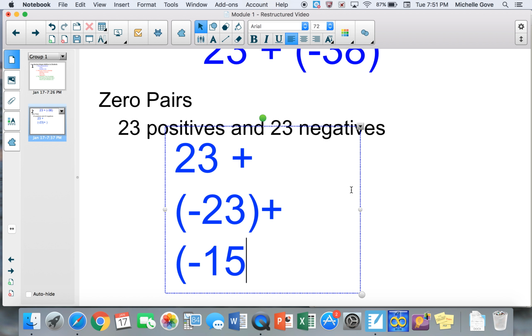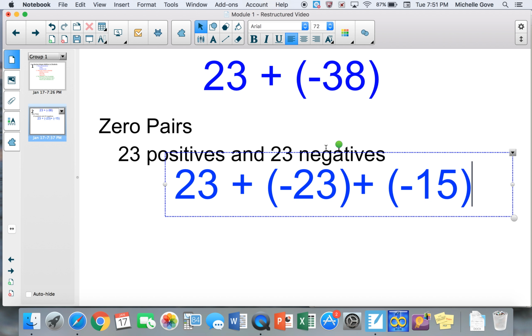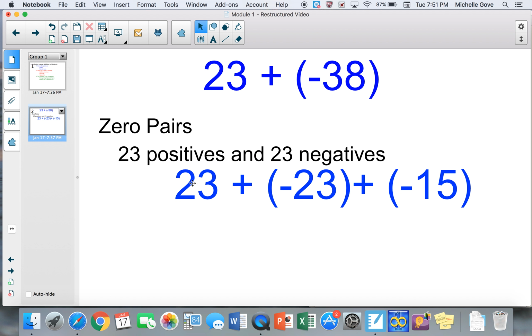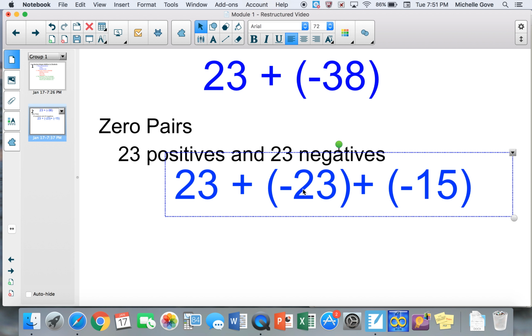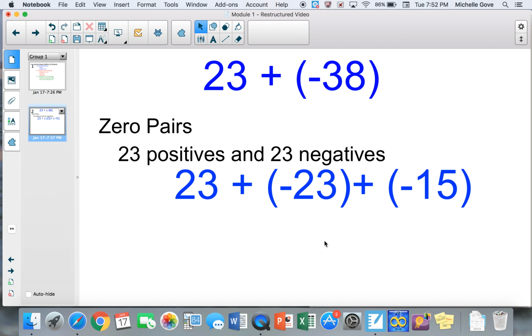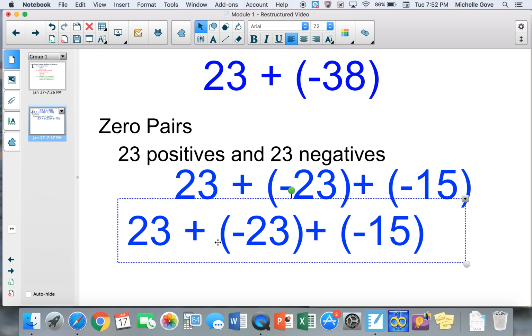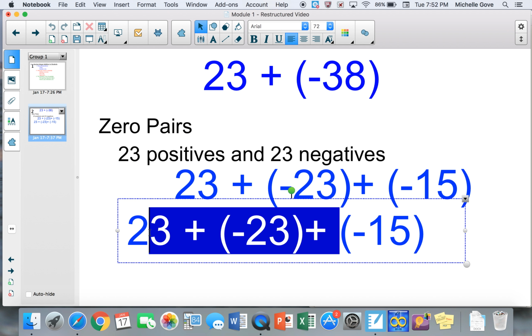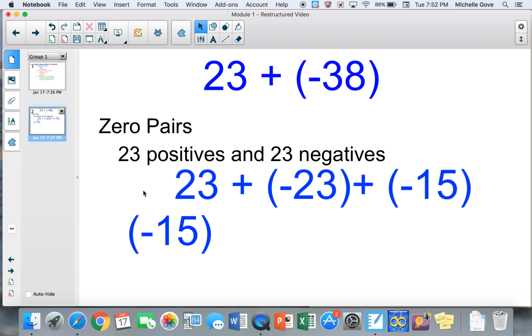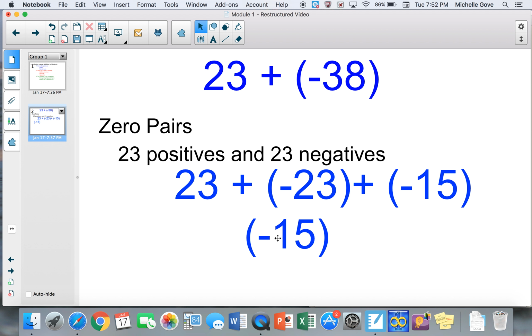Because we know that to make 38, we need 23 and 15. And so seeing this, we know that this 23, the positive 23 and negative 23 are additive inverses, and so they create a zero pair, and all we'll be left with is our negative 15.